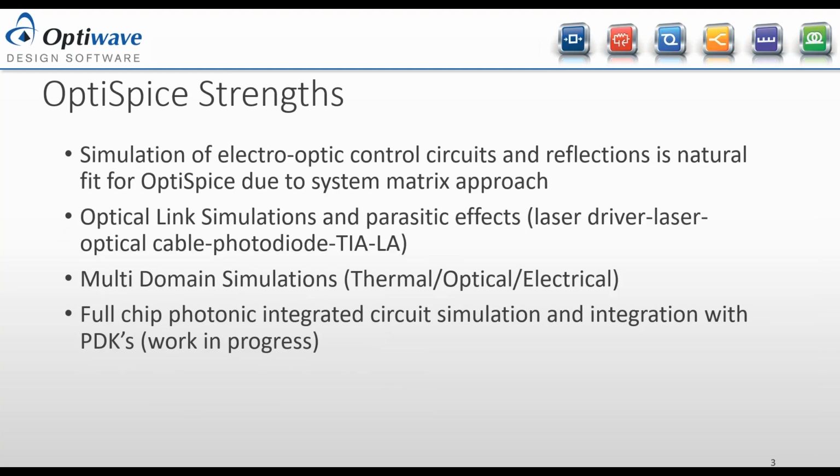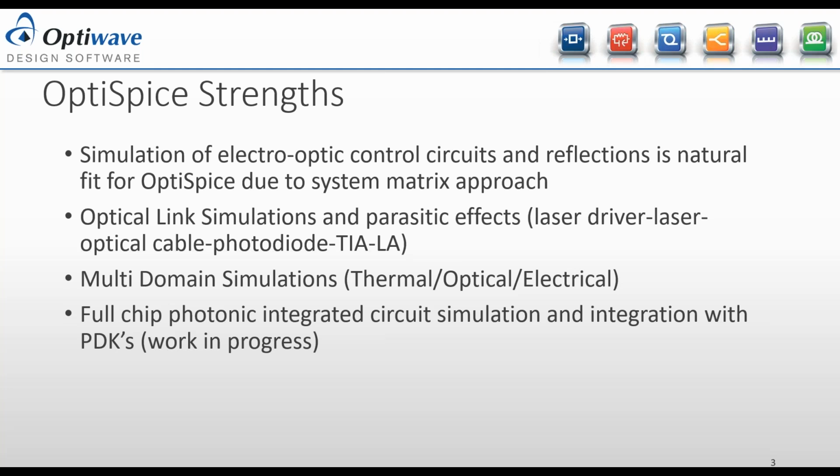With that said, I am going to briefly talk about the strengths of OptiSPICE and its applications. Why would you want to use OptiSPICE? One of the main features of OptiSPICE is, of course, simulating an optical link in a telecommunications circuit. Unlike most regular simulators, OptiSPICE can handle both the electrical part of your design and the optical part of your design at the same time.